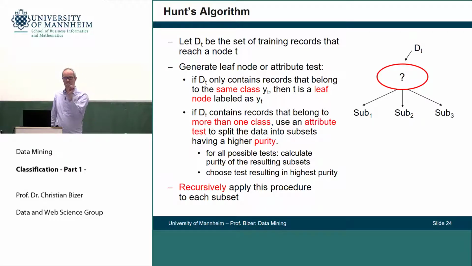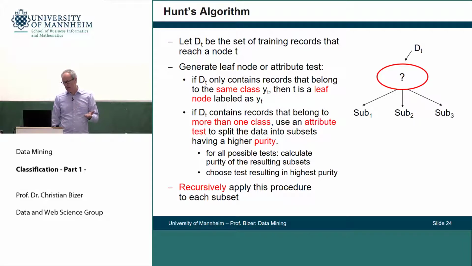We look at all attributes that exist, we look at all attribute values and check which split would produce for this set of records the cleanest sub-buckets. So basically, how could we split the set of records into 2 sets so that the distribution of the labels in these new sets is as pure as possible?